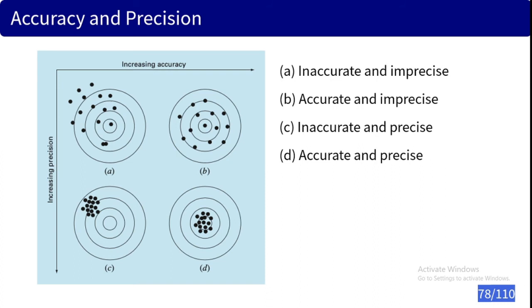Whereas in D, you can see that the dots are close to each other.